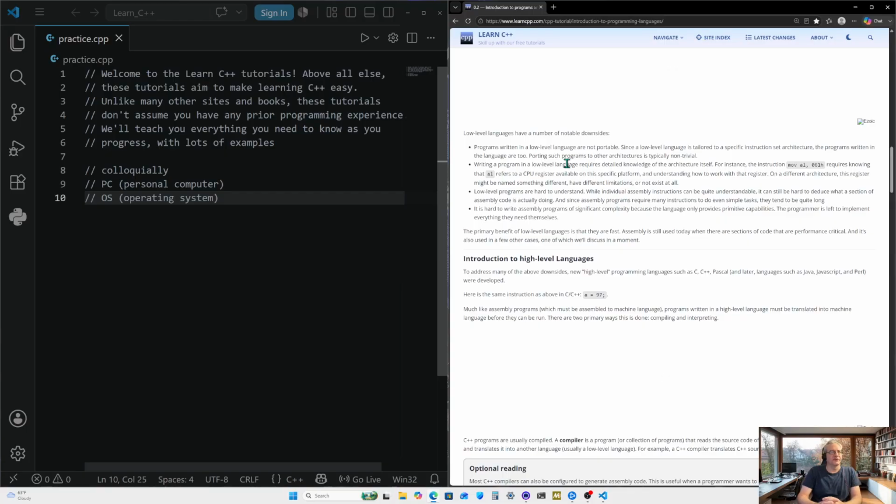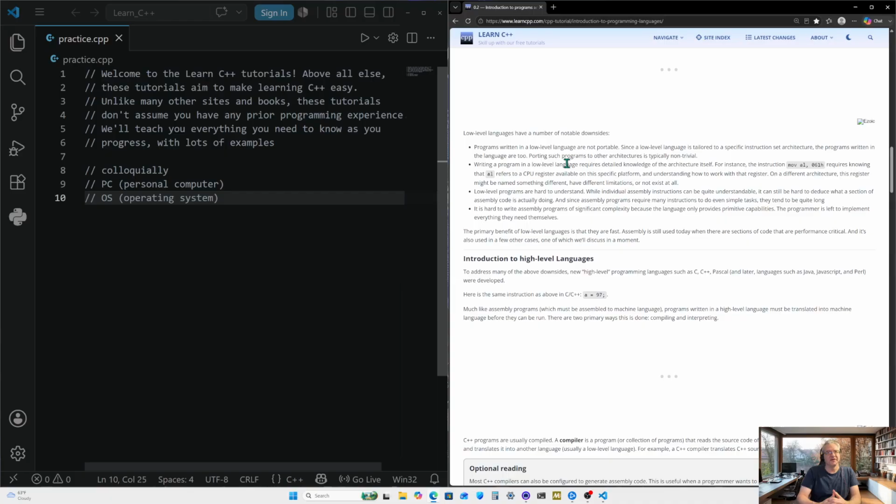Low-level languages are hard to understand. While individual assembly instructions can be quite understandable, it can still be hard to deduce what a section of assembly code is actually doing, and since assembly programs require many instructions to do even simple tasks, they tend to be quite long. It's hard to write assembly programs of significant complexity because the language only provides primitive capabilities.